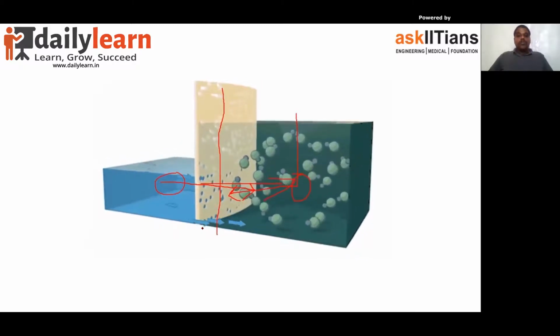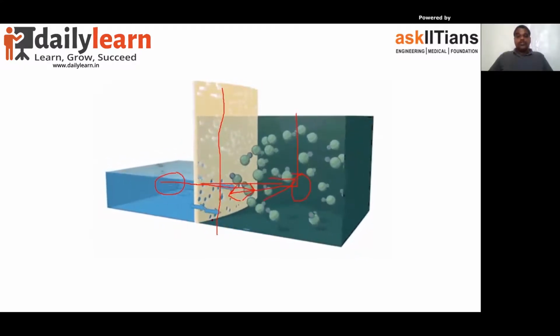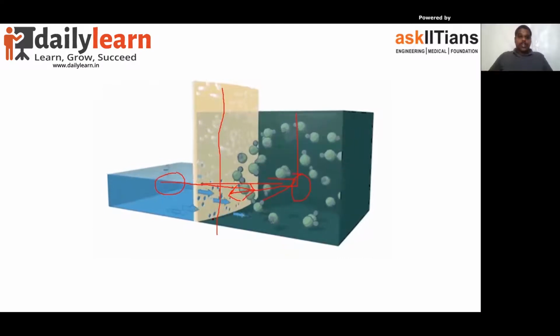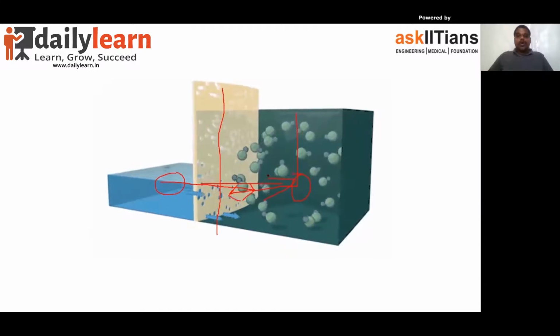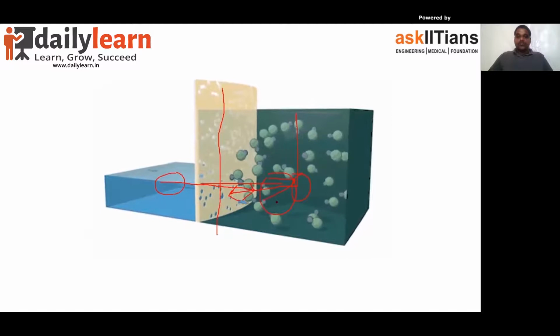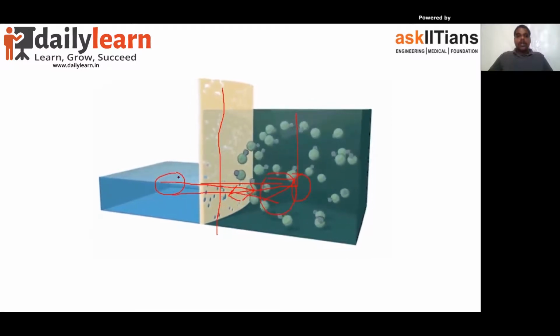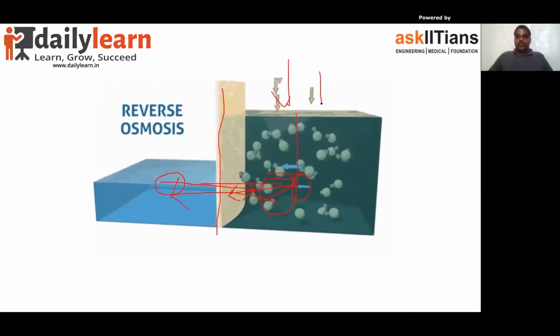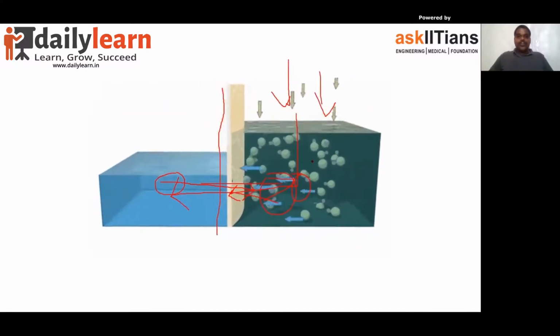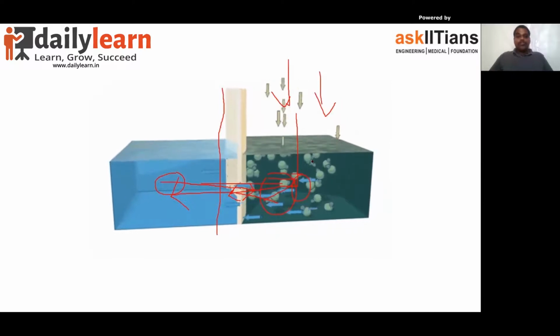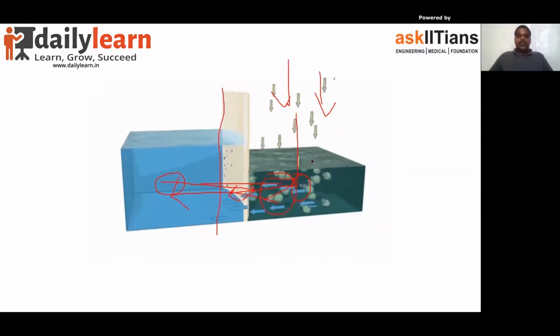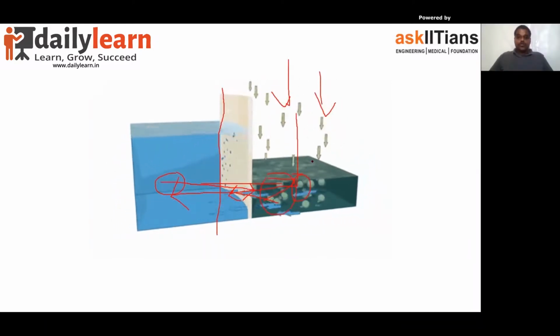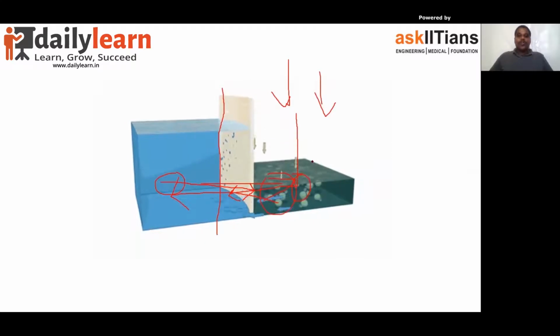Reverse osmosis happens on the opposite side, where water from the lesser concentration moves to the higher concentration upon application of pressure. I'm very sure in most of your houses you would have installed RO systems. The expansion of RO is reverse osmosis system.